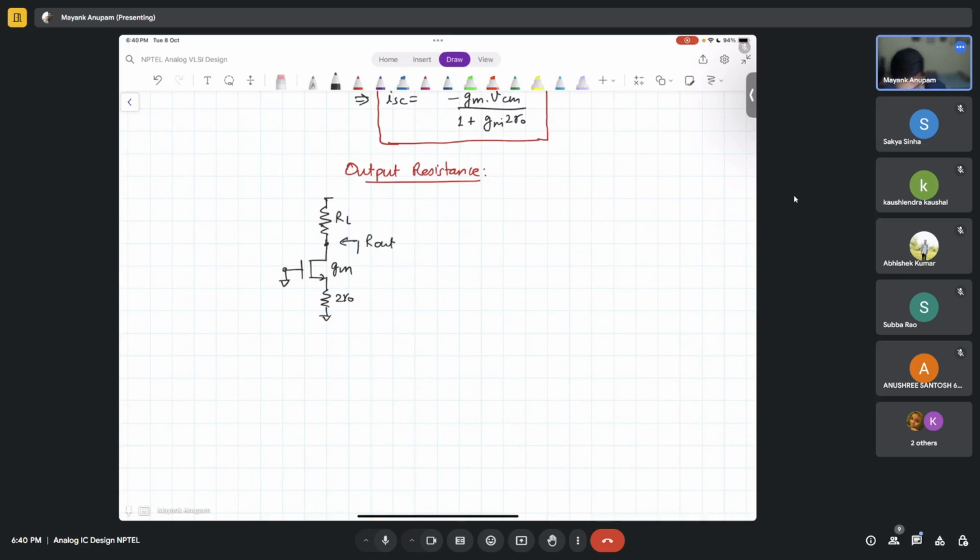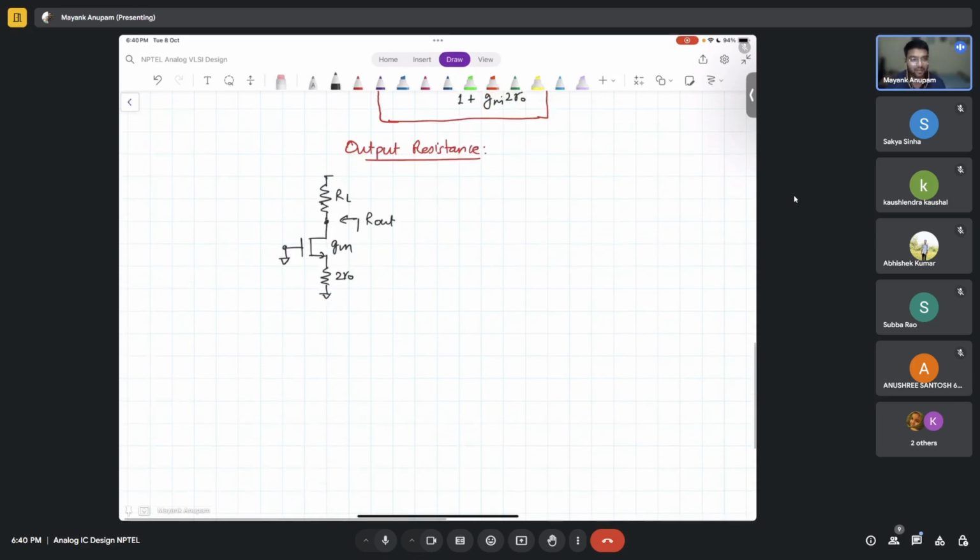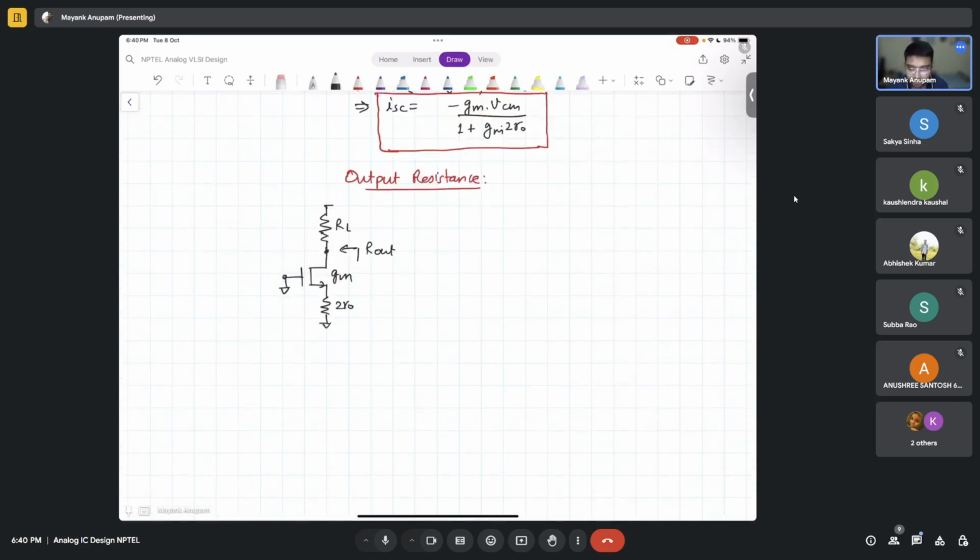Yeah, tell me, what kind of circuit is this? I mean, why are you so silent today? This is very easy, right? This you have done plenty of times. Someone please speak up. What is the output resistance to this way?